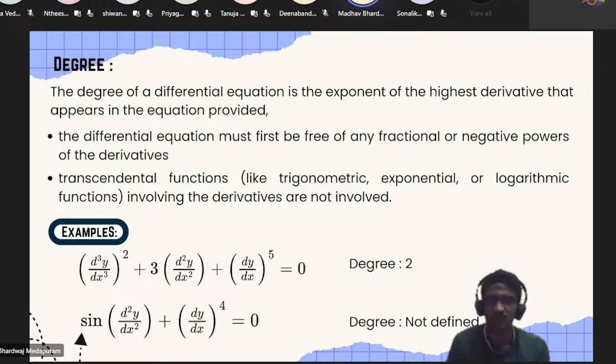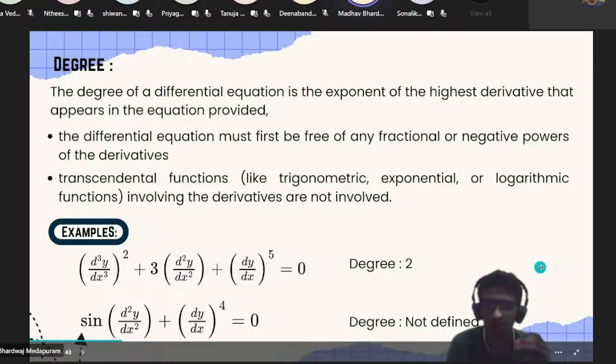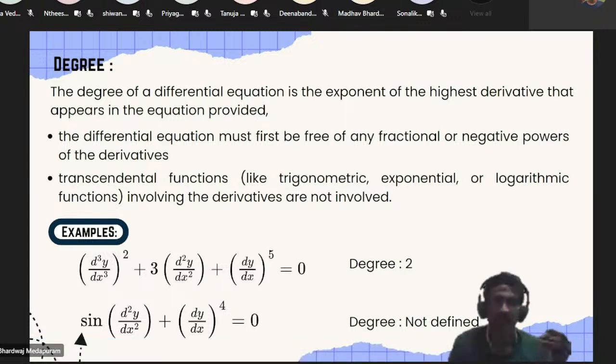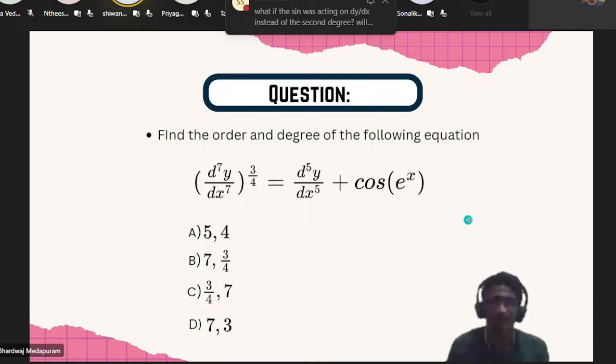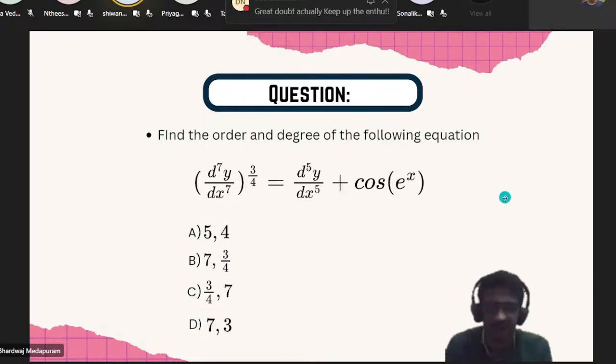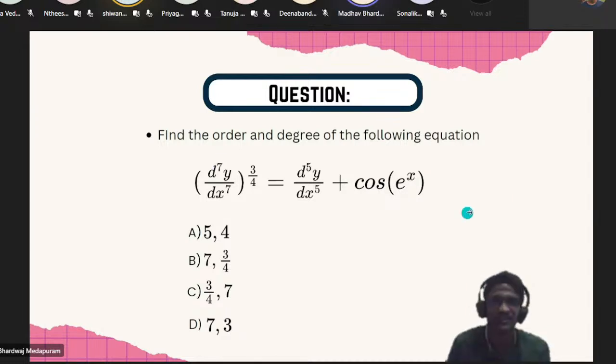If you have any doubts regarding order and degree, feel free to ask in the chat box. I will be looking at that as well. We will go with a question before moving forward. Chat mods, I request you to please put up a poll in the chat box. We have a differential equation here, and I want you to find out the order and degree of this equation.